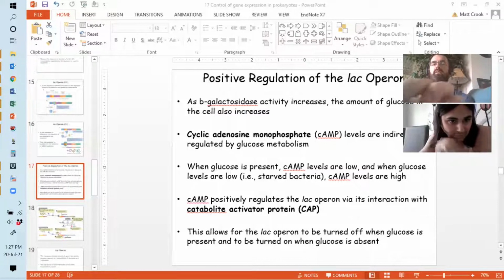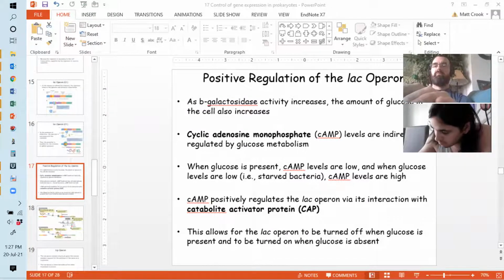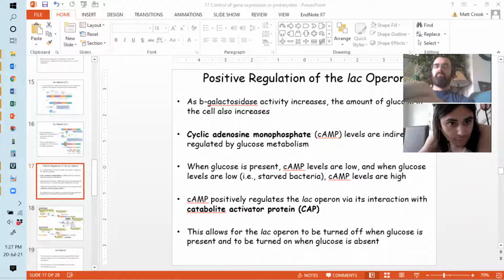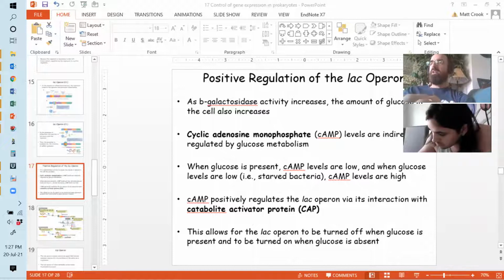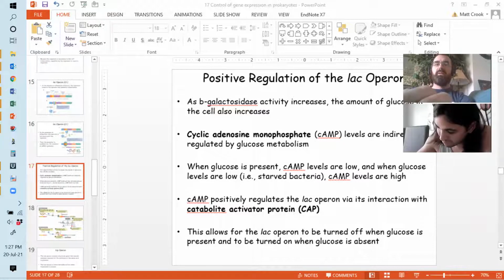So high cyclic AMP equals active CAP equals more transcription. Actually, let's put in glucose in there. I put love glucose. That is a Freudian slip. See you soon, love.